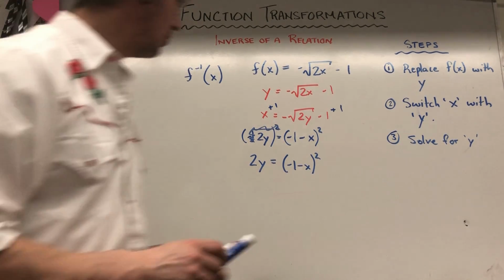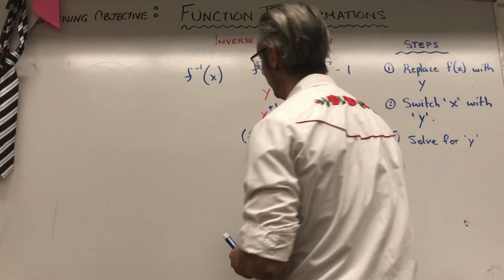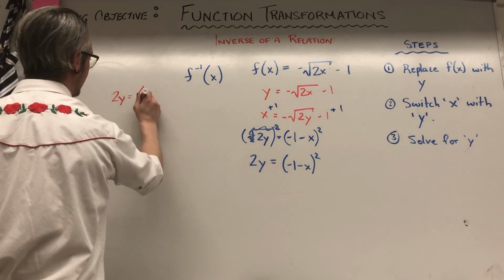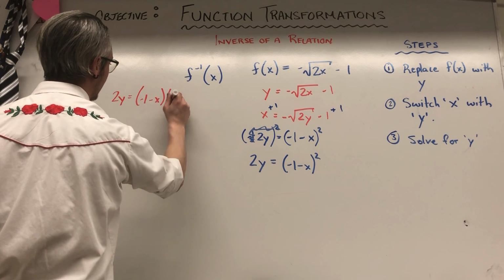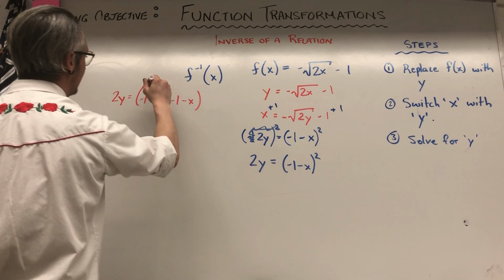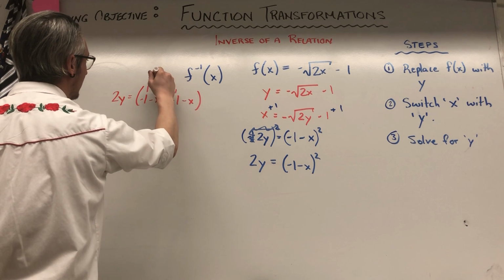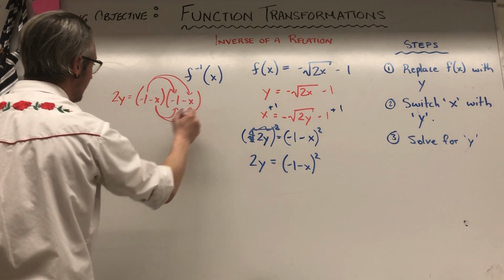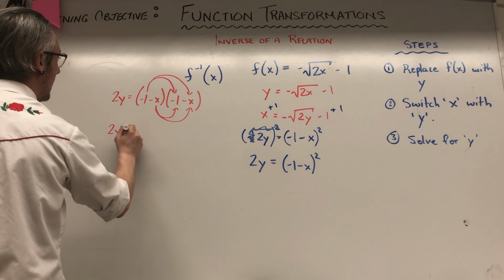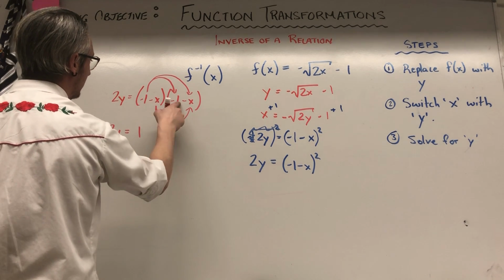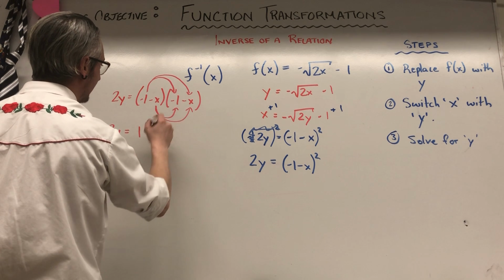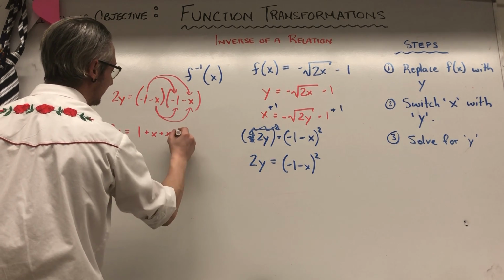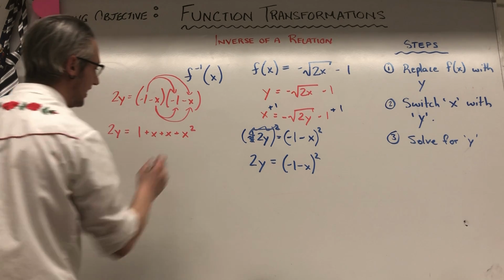Now I have a binomial multiplication that I have to take care of. So 2y is equal to negative 1 minus x times negative 1 minus x. Negative 1 times negative 1 is 1. Negative 1 times negative x is plus x. Negative 1 times negative x is plus x. Negative x times negative x is positive x squared.